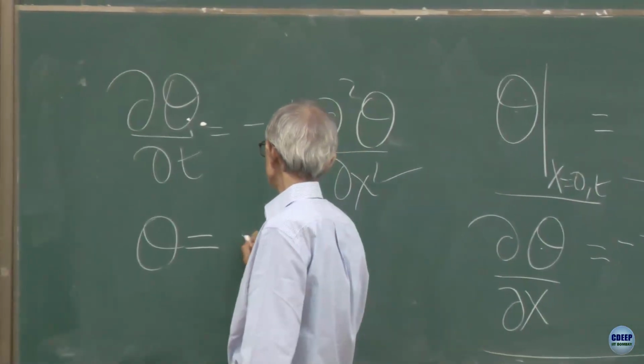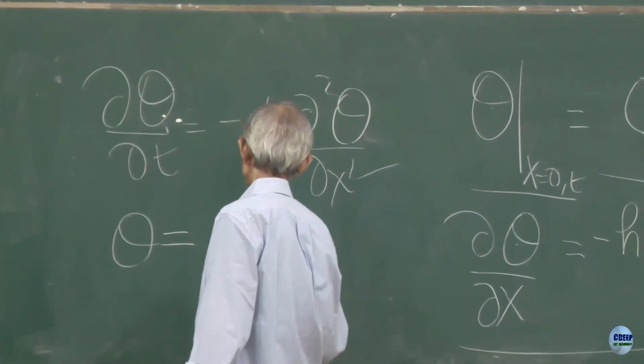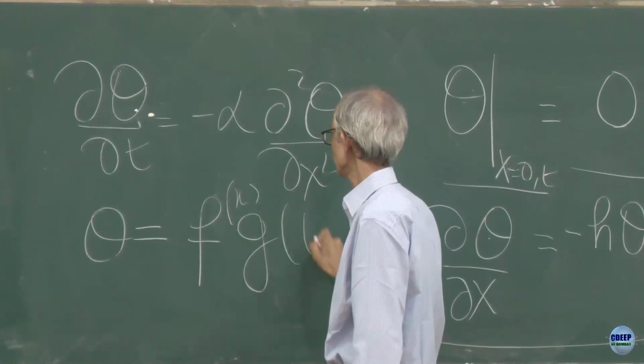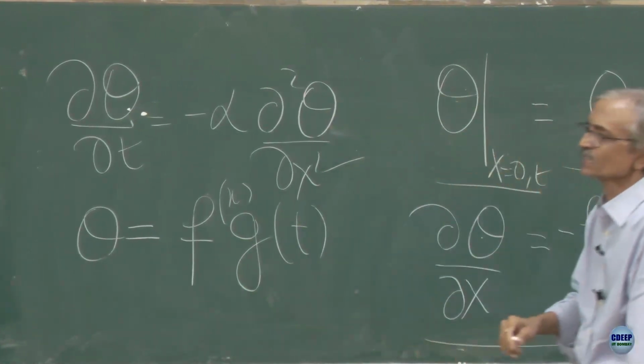Now we say theta is equal to f times g. F is a function of x only, g is a function of t only.